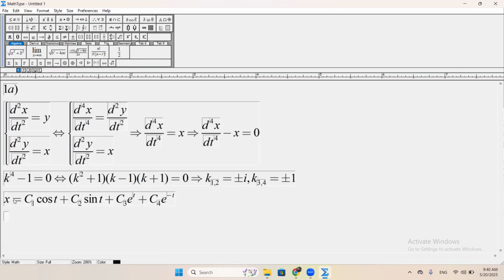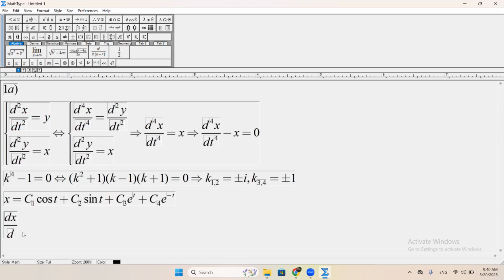So received x, and what else we need to find? We need to find y. How to find y? We can find it from this equation. So we will differentiate x twice.